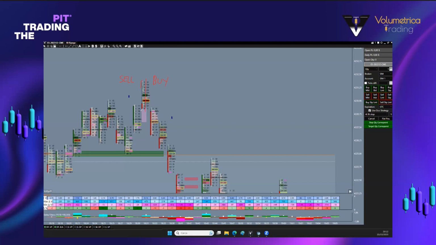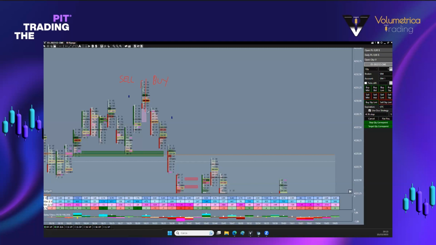Okay, so this is the first information we can get from the footprint. It is like a magnifying glass of what happens when we get to specific price levels, especially if they are structural levels that we have been finding through a more general analysis from maybe the volume profile or the market profile.